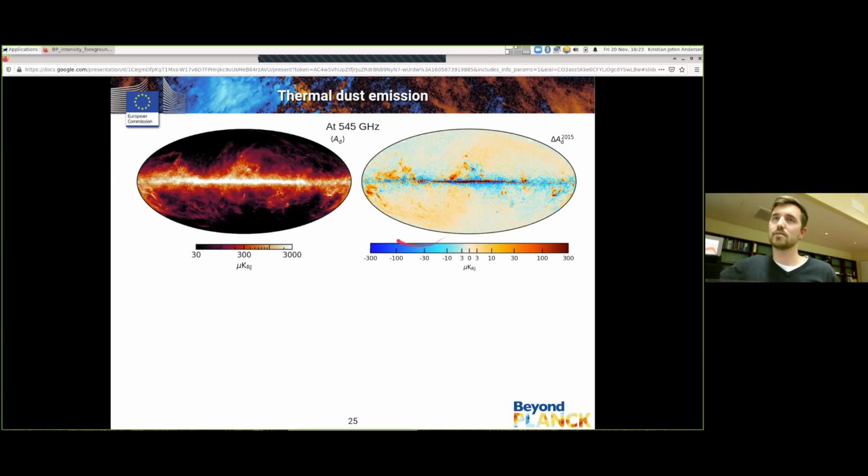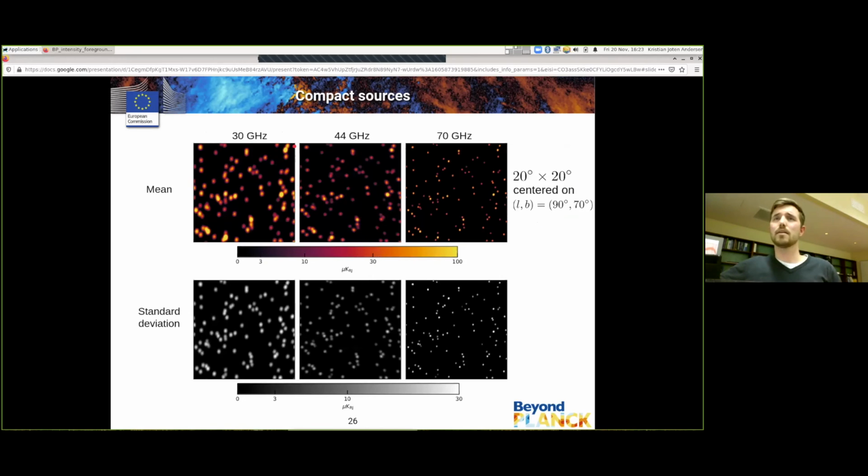And at 545, this has a value somewhere between 3 and 10 microkelvin, but the zodiacal light at the LFI frequencies has an average of less than half a microkelvin, and it's not going to affect the final results that much. So therefore, we find this to be satisfactory. Now, looking at the compact sources, the point sources that we model here, as seen by the different LFI detectors, we see that the overall amplitude is falling with frequency.